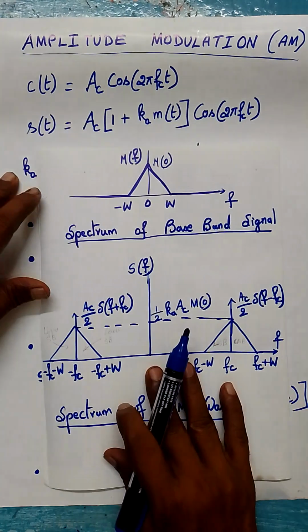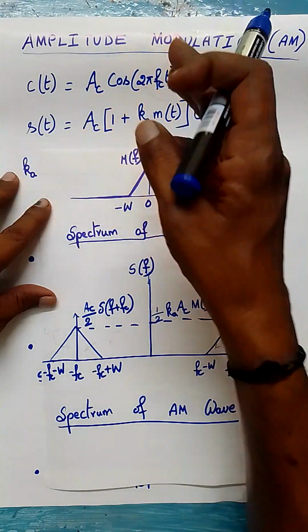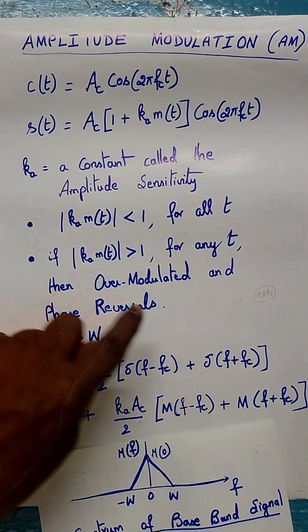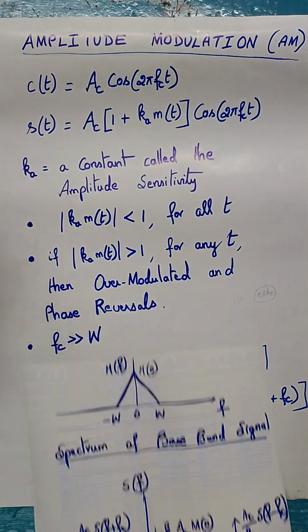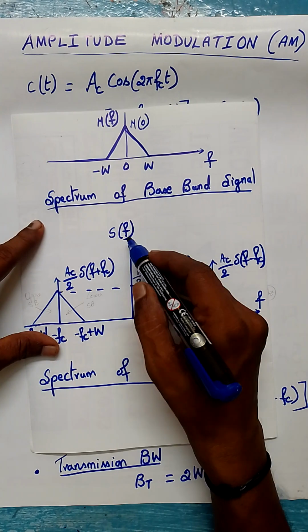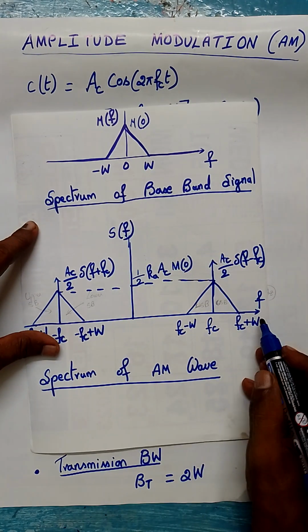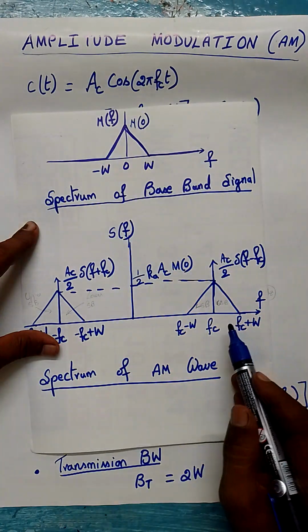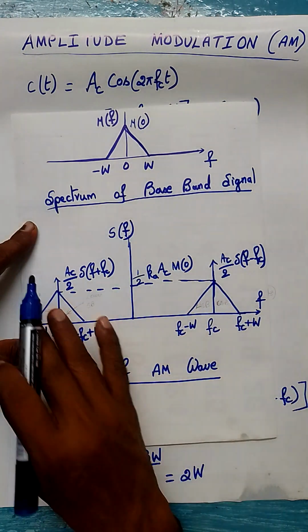Now S of f means this is the time domain signal that we have converted into the frequency domain. I told you the representation is here, the Fourier transform of that signal. So you can see at the mid, S of f, x-axis is frequency. Here we have fc. The same baseband signal we can see here as well as here.